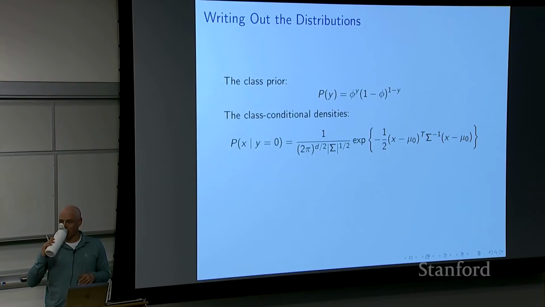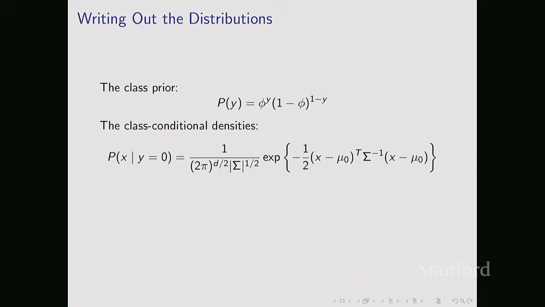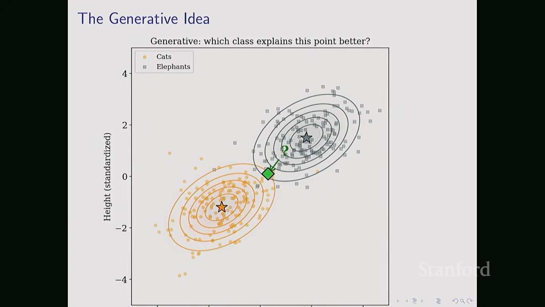I remember the image you had of the yellow circles and the green circles. So if you have the same covariance matrix, you're saying they have to be the same shape. Yeah, exactly right. Let me go back to that for one second, just so I can show it to you. Okay.